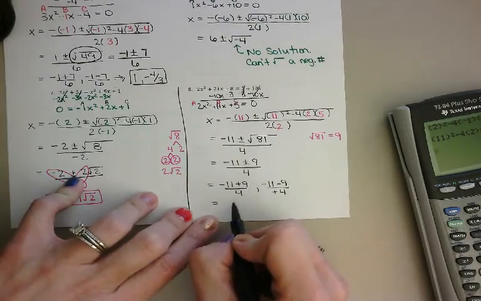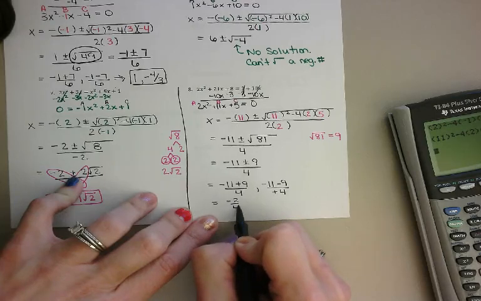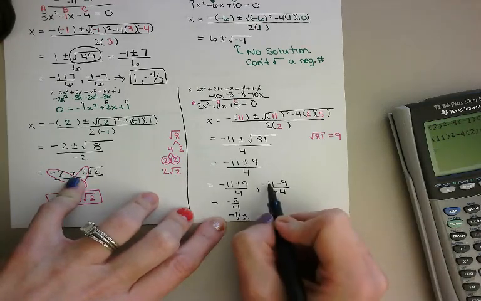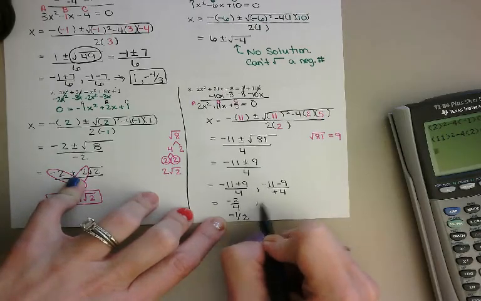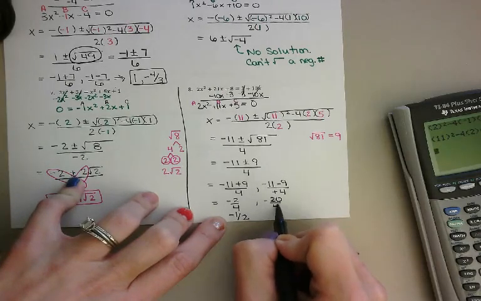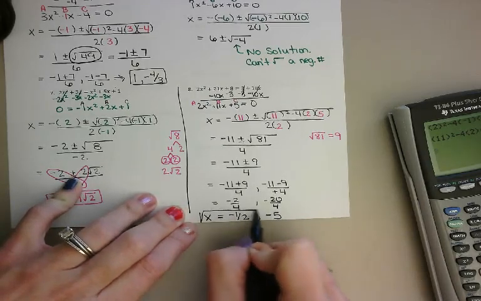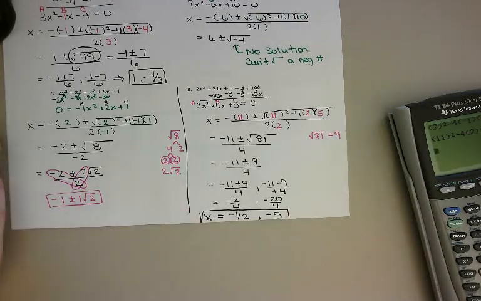So negative 11 plus 9 is negative 2 over 4, and that reduces to negative 1/2. Negative 11 minus 9 gives me negative 20, divided by 4 is negative 5. So my two solutions are negative 1/2 and negative 5.